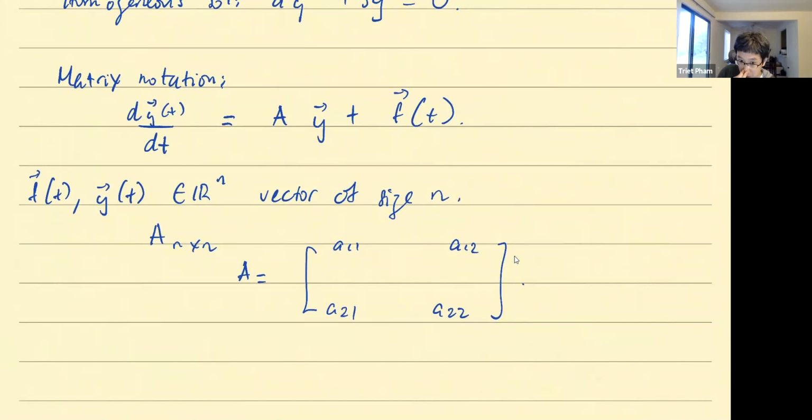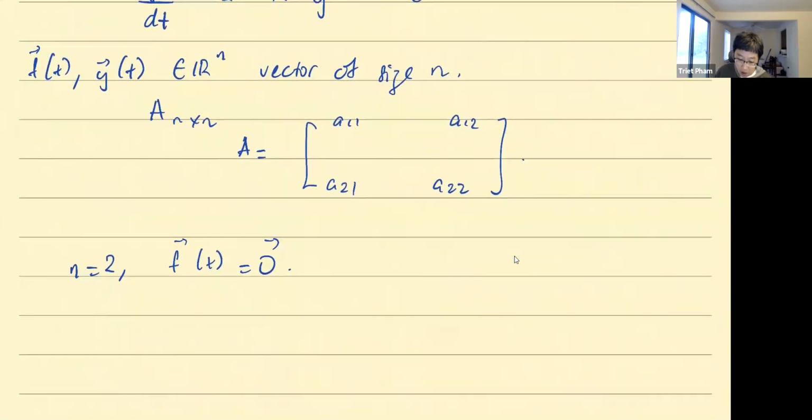All right. So now let me specify. Let's focus on n equals 2, and let's say f is equal to 0. So in other words, I'm looking at a homogeneous system of size 2 by 2. Okay, what can I say about this? All right.